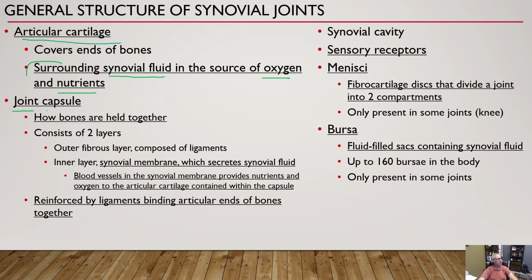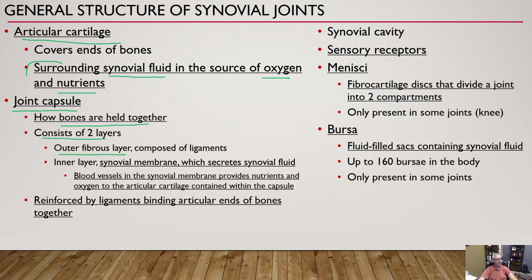And we have this thing called a joint capsule, and that's how these bones are going to be held together. We have those two layers, almost like that parietal layer and visceral layer, but we don't call it a parietal layer and a visceral layer. But we still have that synovial fluid that nourishes that joint.